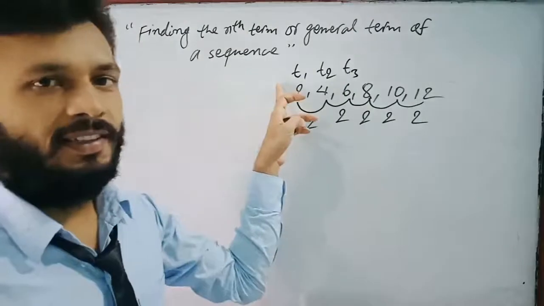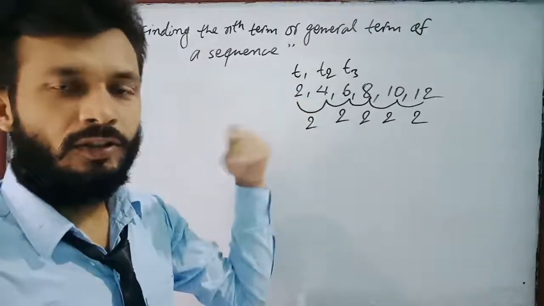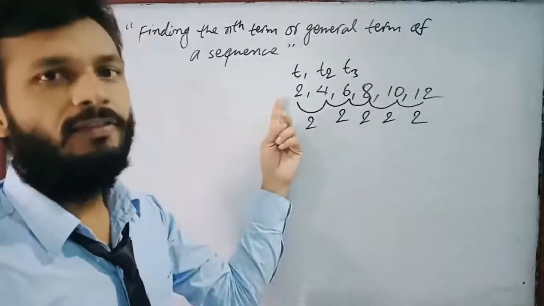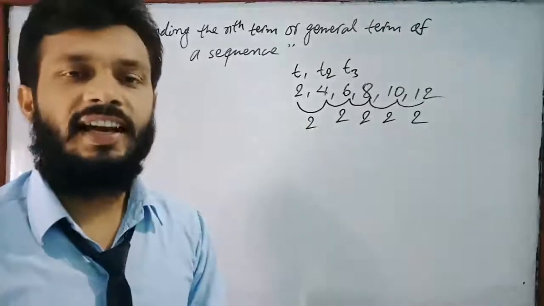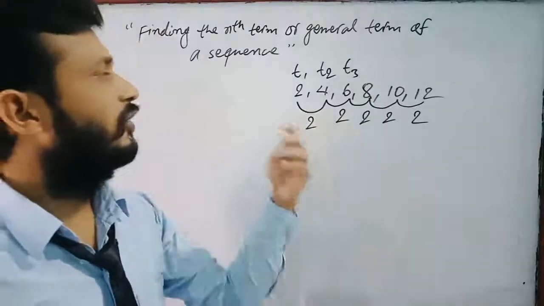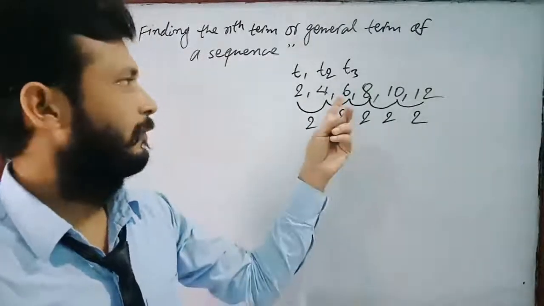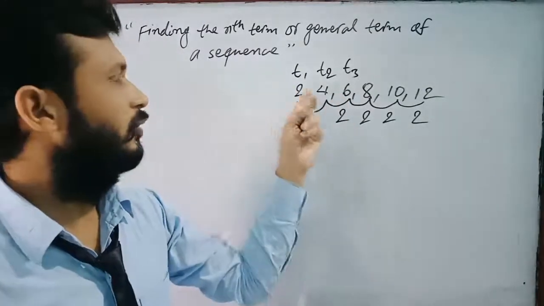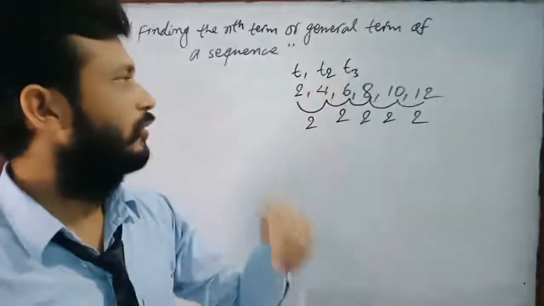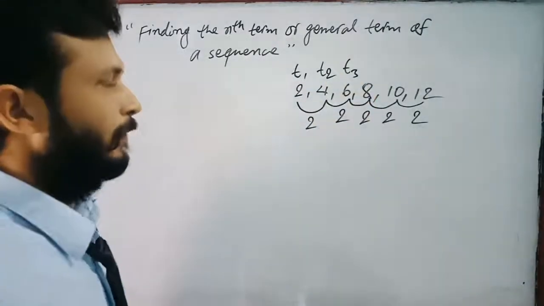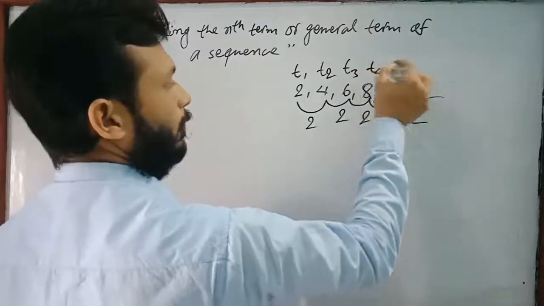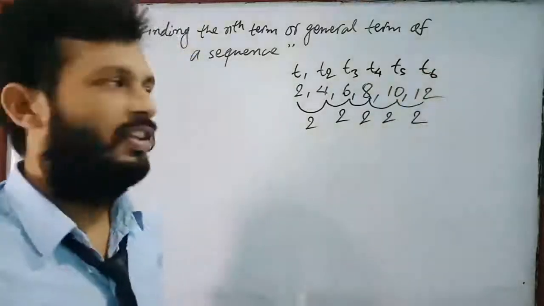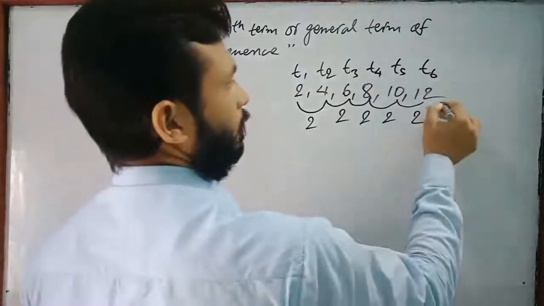T1 means the term at first place, T2 the term at second place, T3 at third place, and so on, T4, T5, T6. Are you clear? Okay.